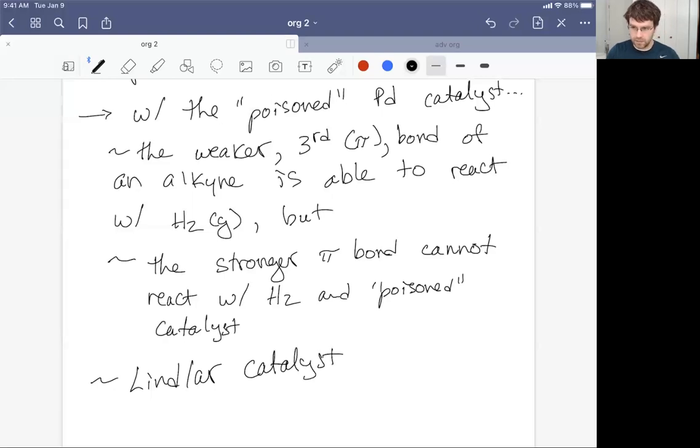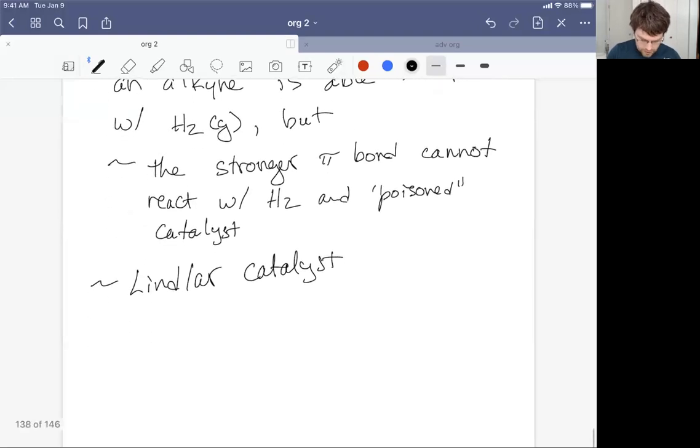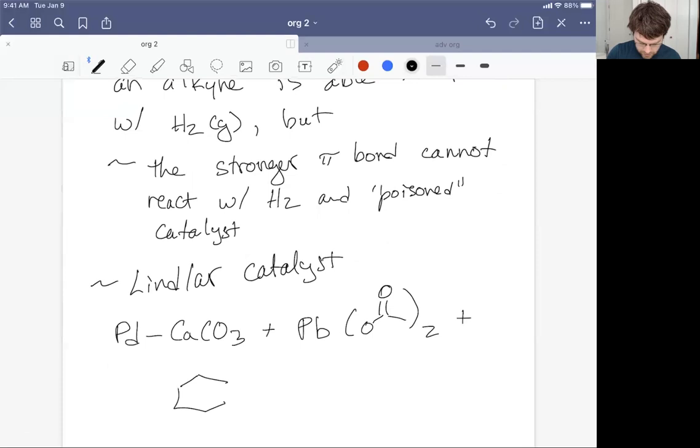Instead of palladium on carbon, it's palladium on calcium carbonate plus lead acetate plus a heterocycle, which is benzene fused to pyridine, and that's just quinoline.